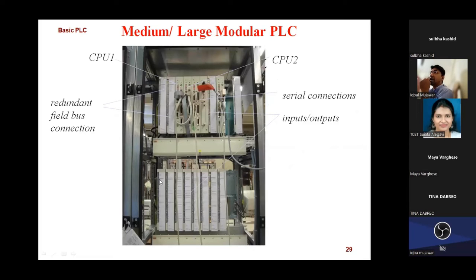Then the 8192, if I'm not wrong about the number, large size. That many input output pins are available in a single PLC, which is like a cupboard size. They're huge, but ultimately whatever sensors and actuators are within my plant and processes, I can connect everything to a single PLC and control everything from the single system. That kind of capability I'm getting with the help of the medium and large size modular PLC.